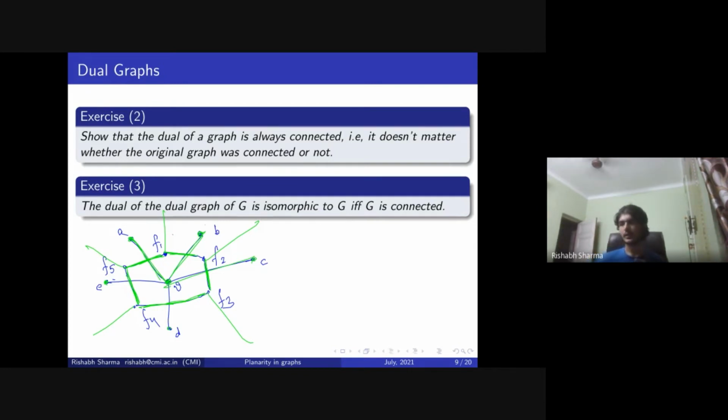How will we use the connectedness in the argument? Okay, good question. So I think the connectedness is being assumed somewhere while making this face. Like I'm assuming that C will be included in a face, and B will be included in a face.